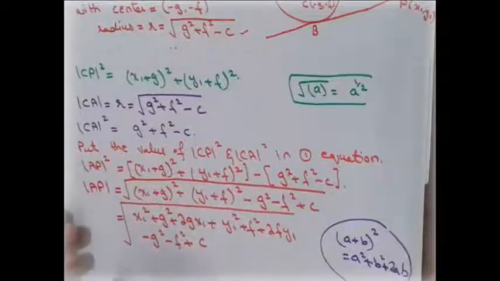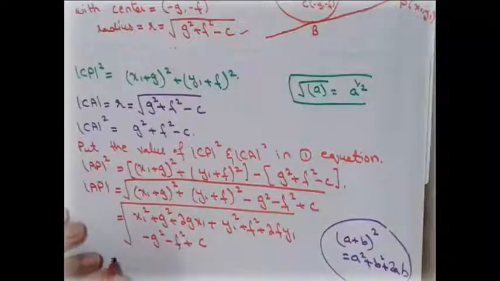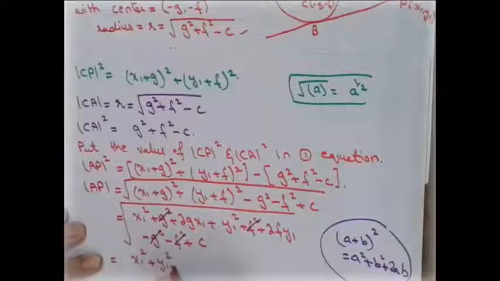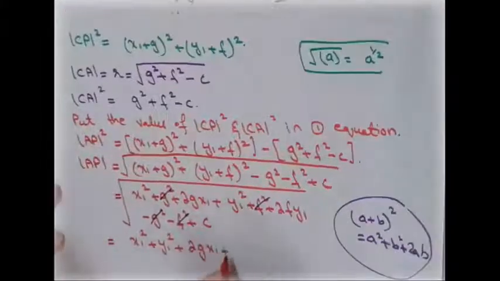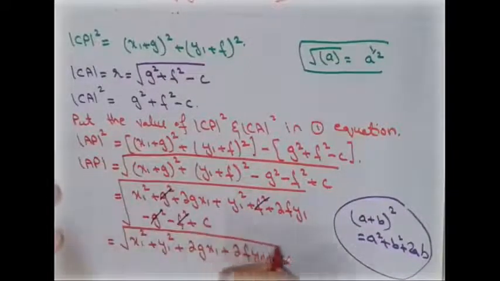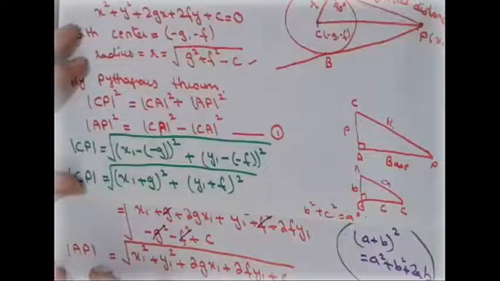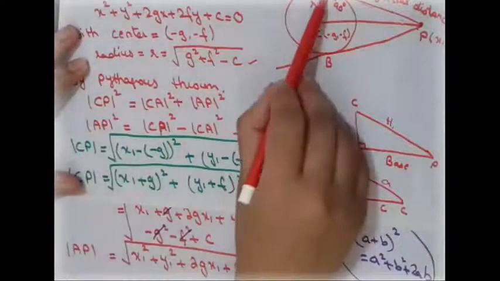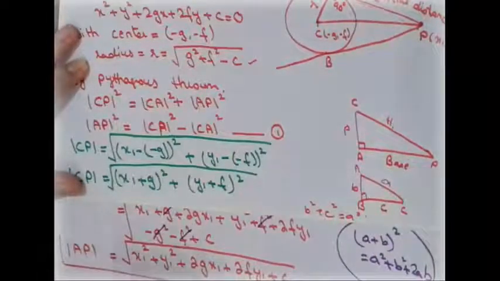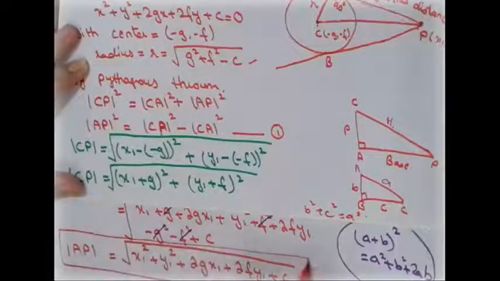You notice that these two terms cancel out with each other, and in a similar way these two also cancel out. So we are left with the square root of x1 squared plus y1 squared plus 2gx1 plus 2fy1 plus c. Basically this is our distance AP, the final distance that we require, and this is called the tangential distance or the length of the tangent to a circle.